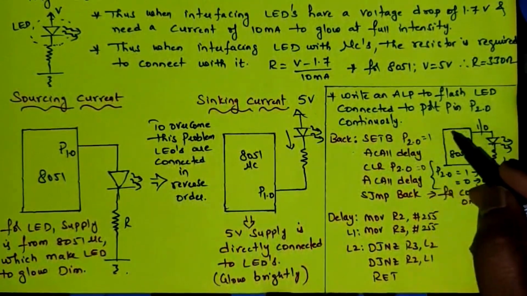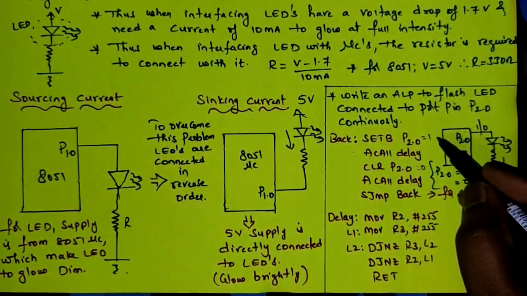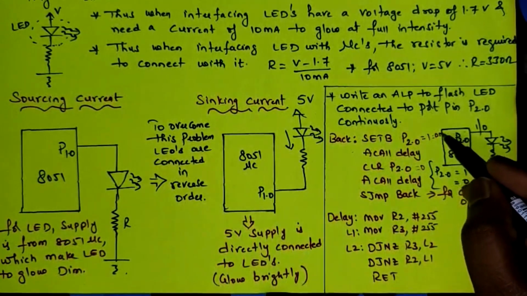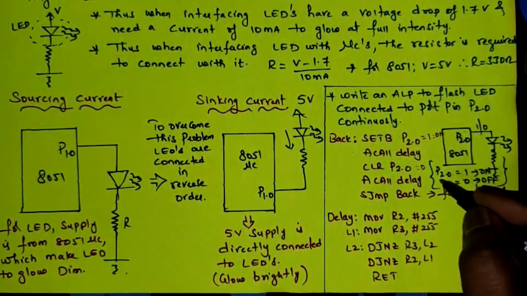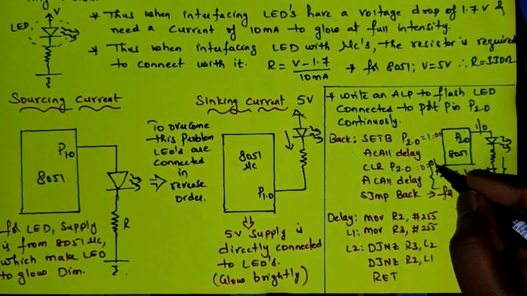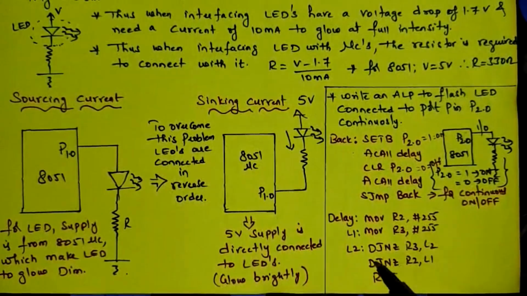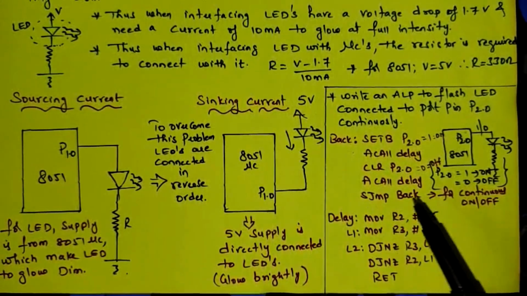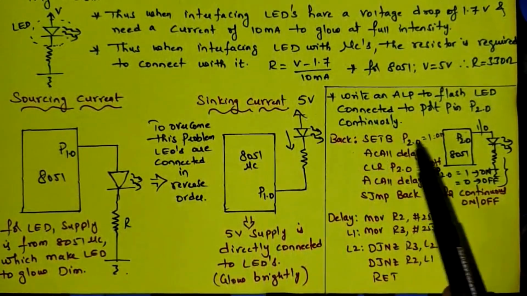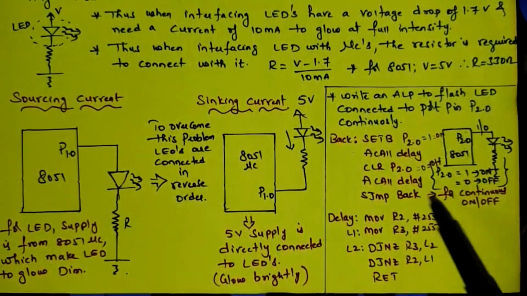Whenever you set this bit to P2.0, the LED is going to be on. Whenever you clear it, the LED is going to be off. Again ACALL DELAY, wait for some time, then SJMP back. Continuously the LED is going to turn on and off by using this program.